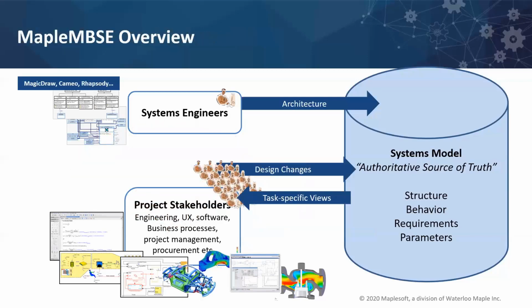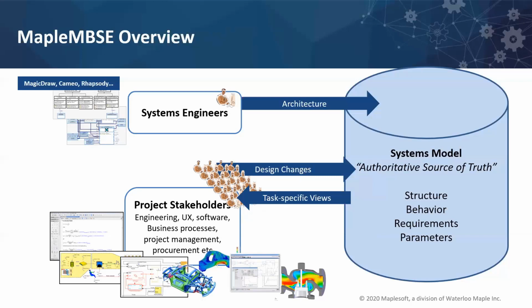So instead of going all the way from the system model where you detach from the actual model, we want to give these project stakeholders access to the system model in a more controlled way. The system engineer controls exactly how they want inputs from these stakeholders to be stored into the system model.